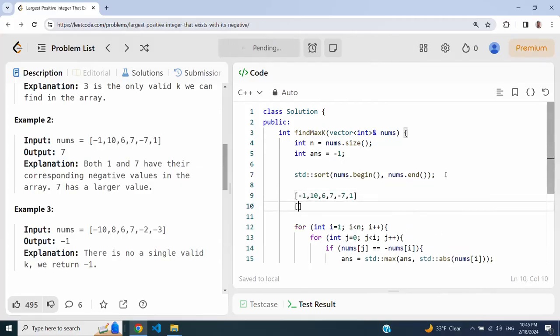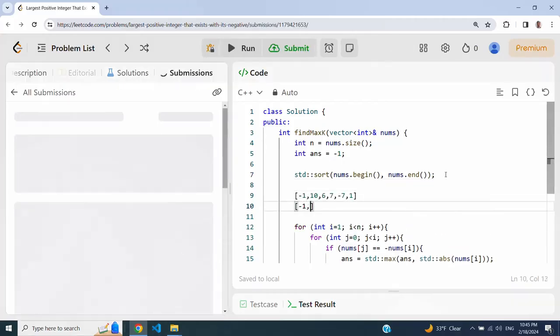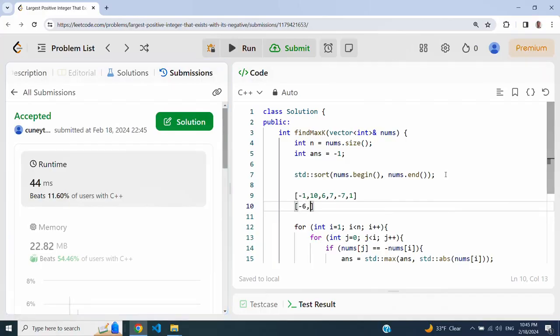What we are going to get is -7, -1, and then 1, 6, 7, and then 10.